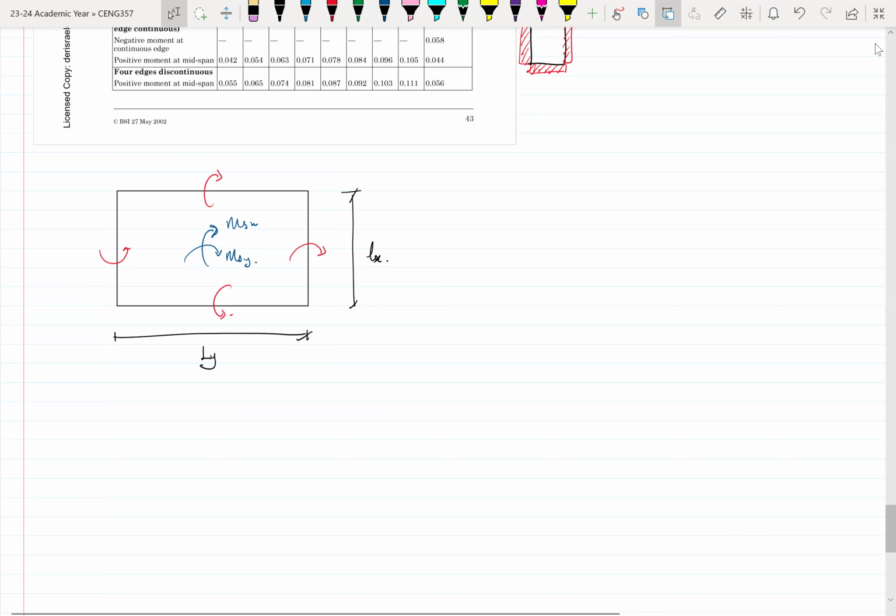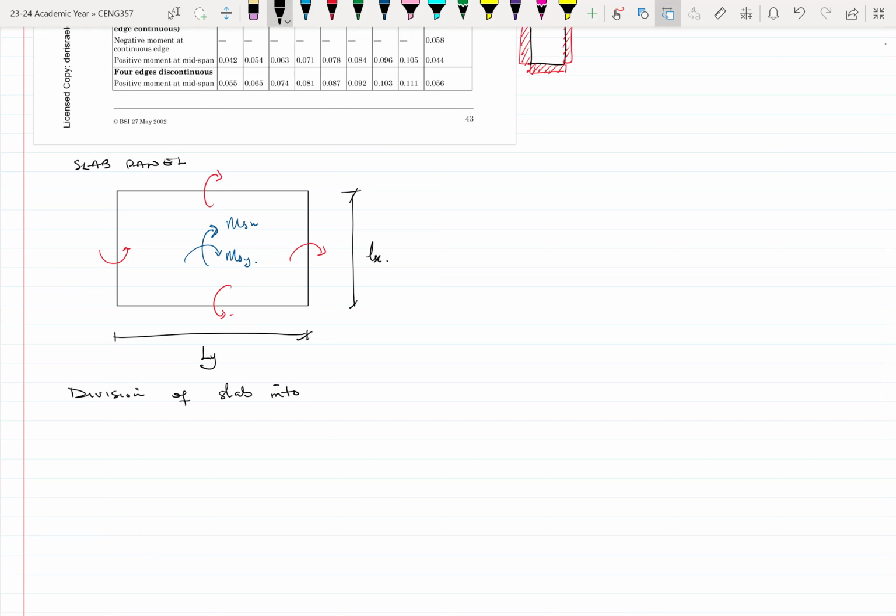So here, this is like a slab panel. We look at the division of the slab into strips.